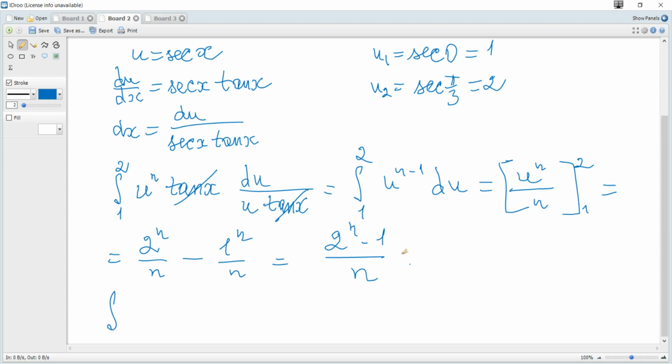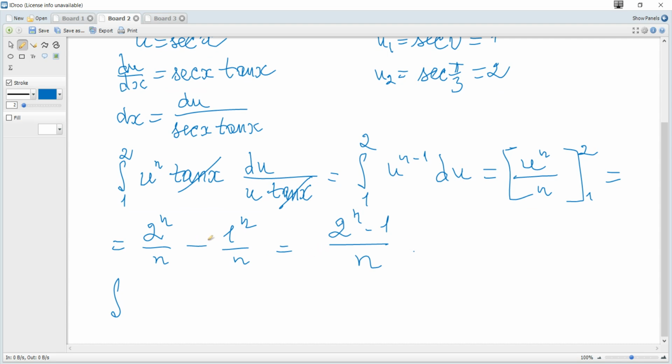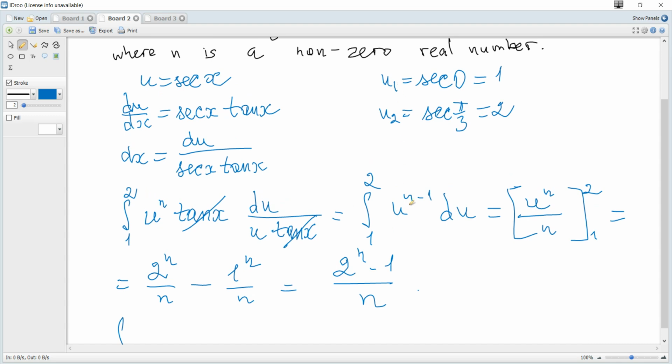Or it is possible to use limits in terms of x, where we don't find the limits in terms of u.